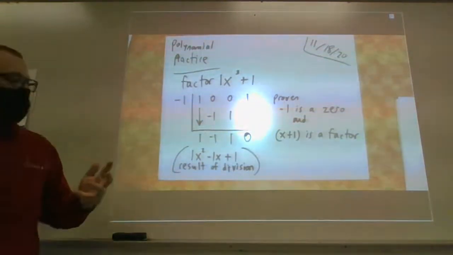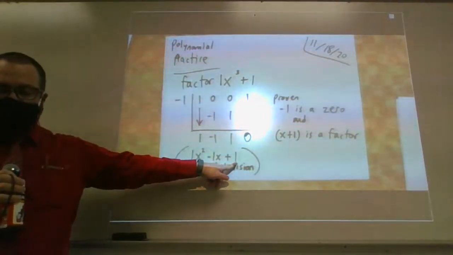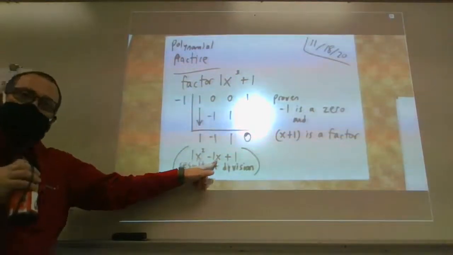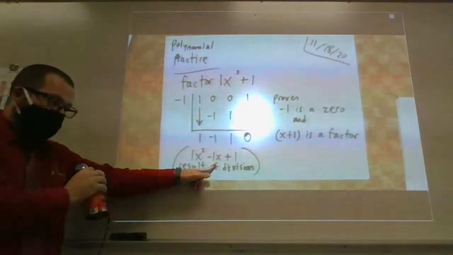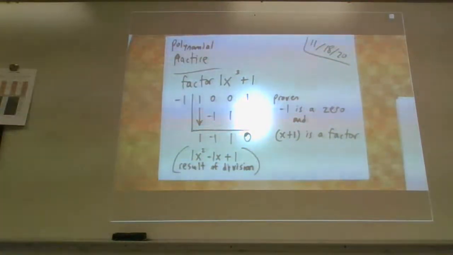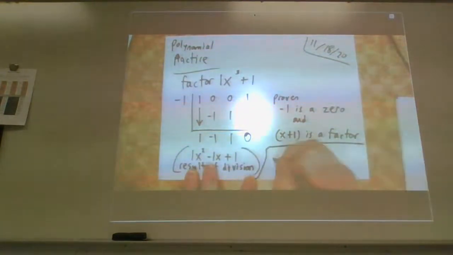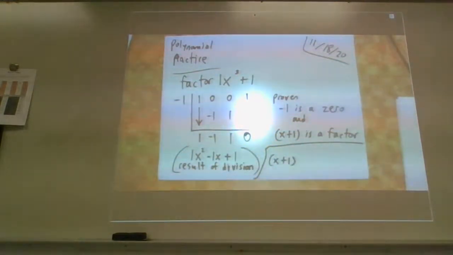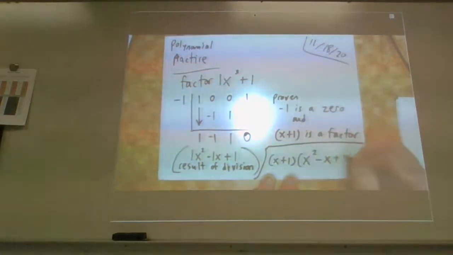Can you find two numbers that multiply to 1 and add up to -1? You can't do it. This can't be factored. So for my final answer in terms of factoring this problem, I know that x plus 1 is a factor, and so is x squared minus x plus 1.